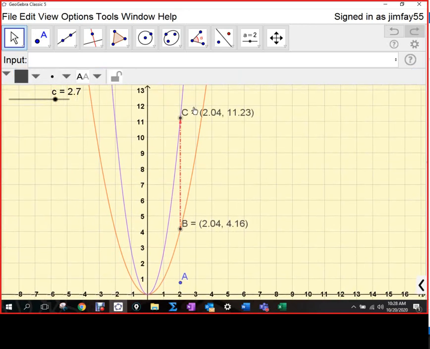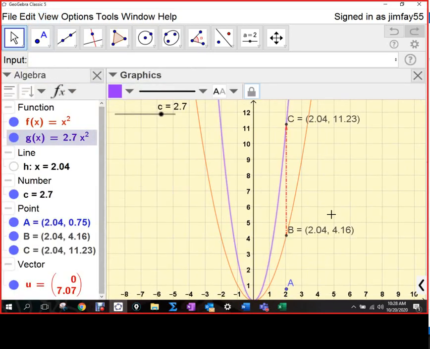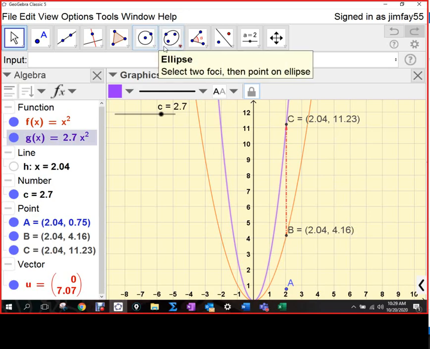All right, so if we see our function here, the orange function is x squared, the purple one is 2.7 times x squared. It might make sense to at least let you see that, okay? Now, obviously seeing these values maybe isn't all that obvious, but we can do this with GeoGebra pretty easily.